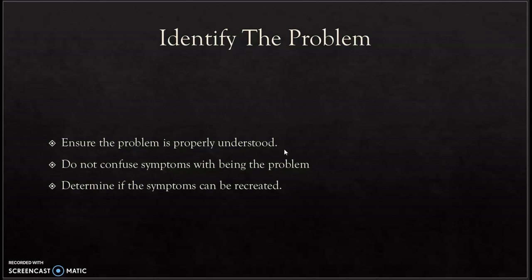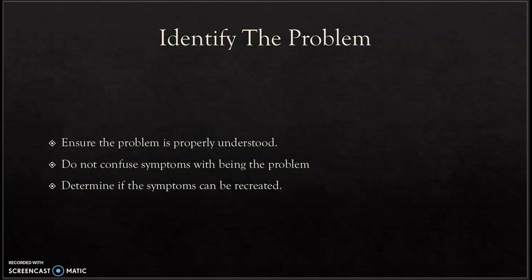For example, a symptom would be a lack of network connectivity. So what we need to do is find out the root cause of this.